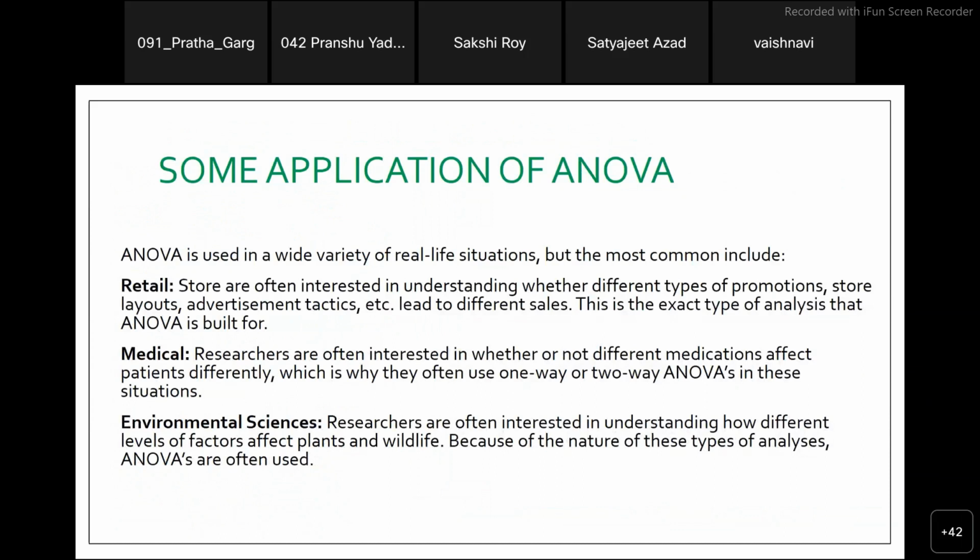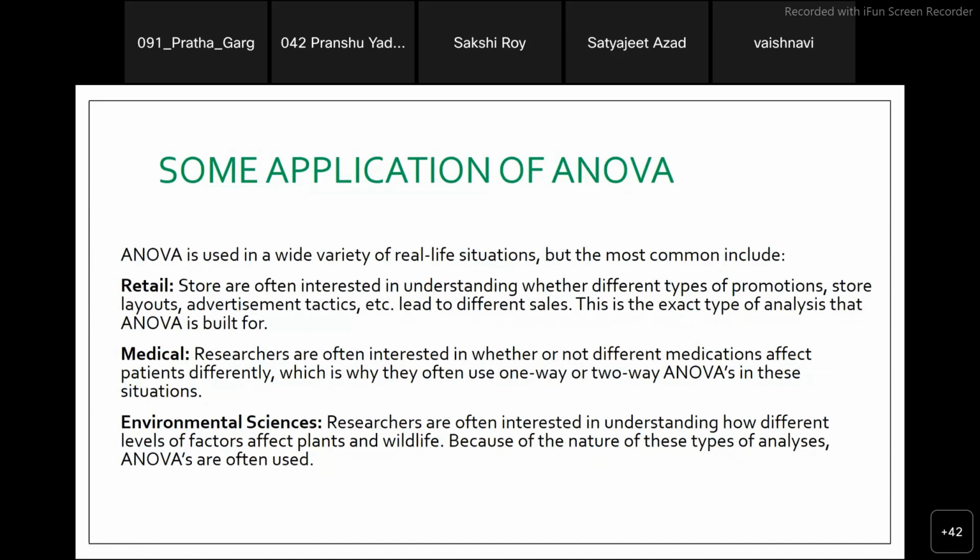For example, in retail, if you have a large retail store, they are interested in understanding whether different types of promotions, store layout, advertisement tactics, etc., lead to different sales. This is very important, right? If you go to a mall, they come up with different promotion strategies. Sometimes they also design their retail chain layout in such a way that their sales are higher.